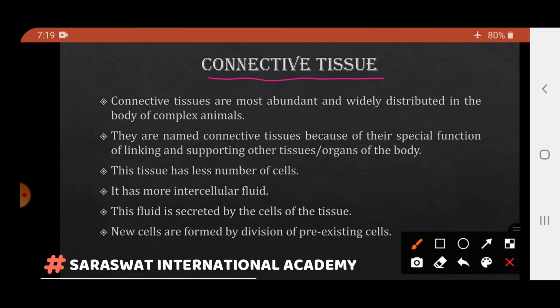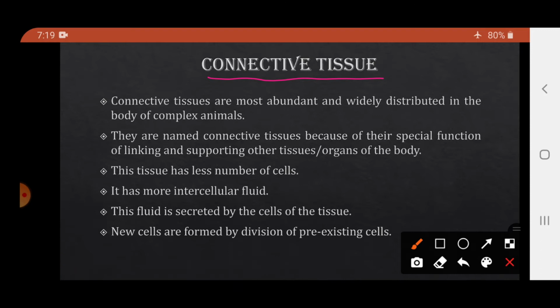Name itself suggests connective, so it is associated to connect the different parts of the body. So basically the connective tissue connects or joins the different structures of the body. Students, the connective tissues are most abundant and widely distributed in the body of complex animals.